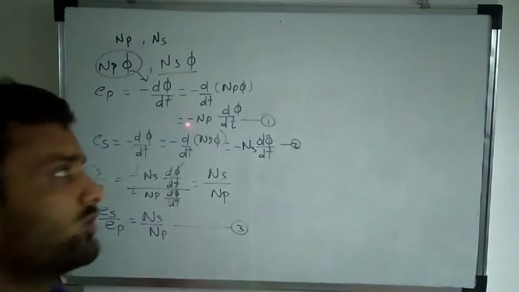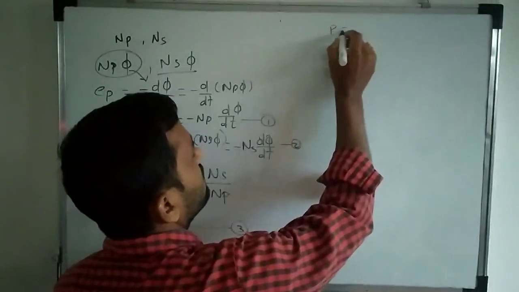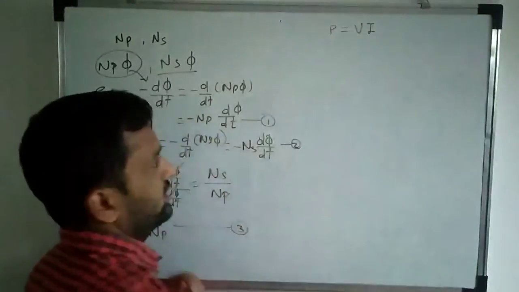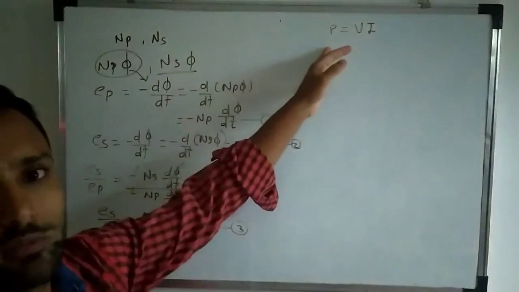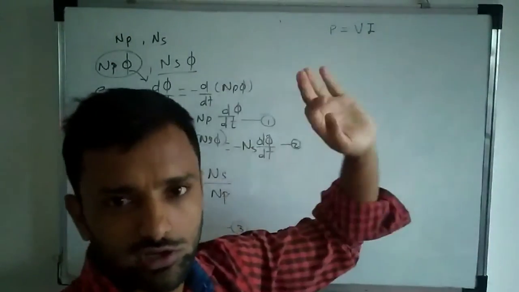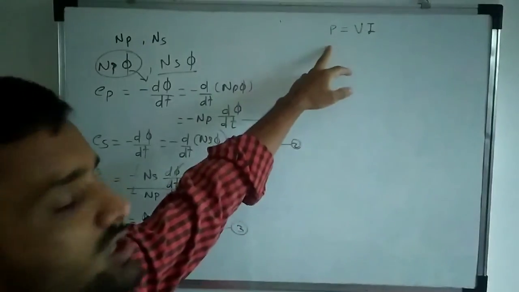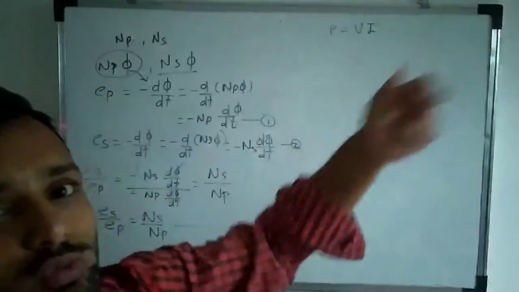What is the equation for power? Power is given by V into I. Power is equal to V into I. Now how can we write the same equation for the primary induced EMF and for the secondary? So how can we write the same equation for input power and output power?